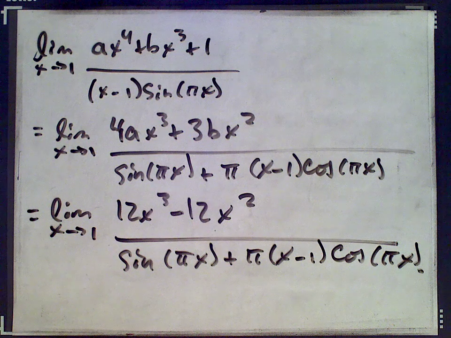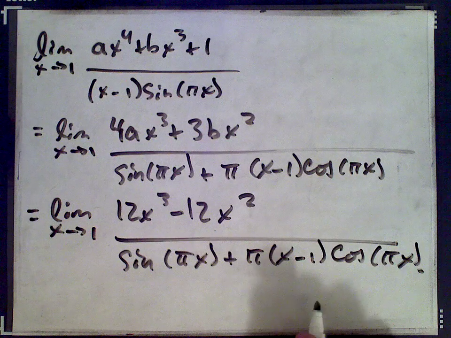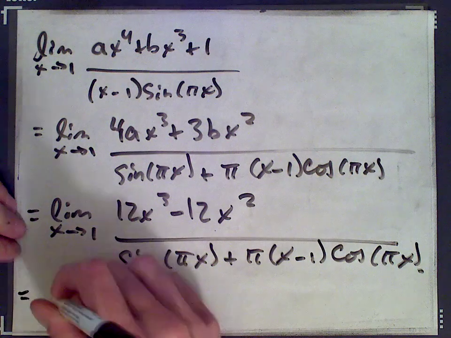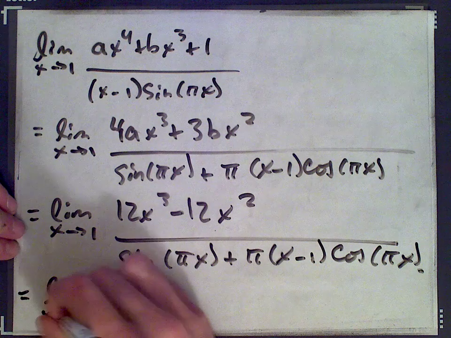Now you plug x equals 1 into the numerator and denominator, and we verify that we get 0 on the top and 0 on the bottom. So we need to apply L'Hopital's rule one more time.